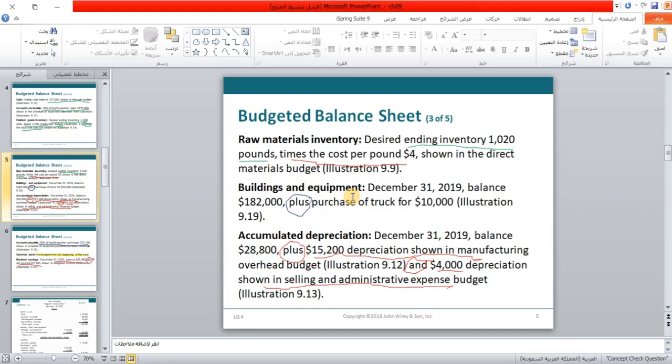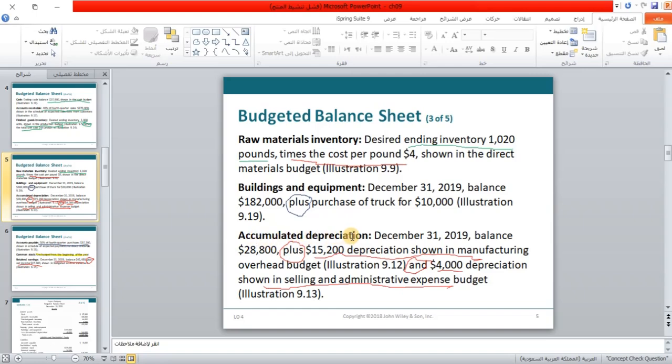Buildings and equipment: the December 31, 2019 balance given, plus the addition through the year, the purchase of a truck for $10,000. The new balance for buildings and equipment is the balance from December 31, 182,000, plus the addition for fixed assets, $10,000.